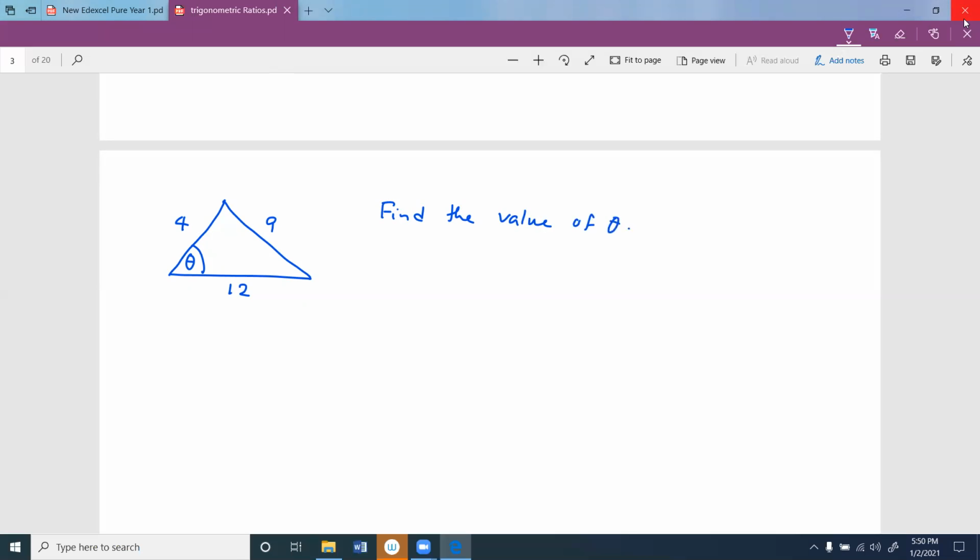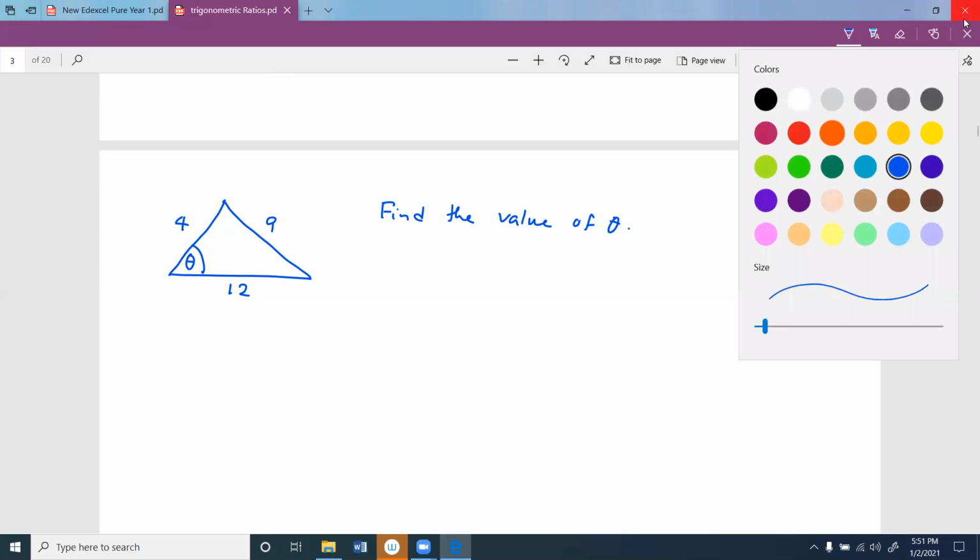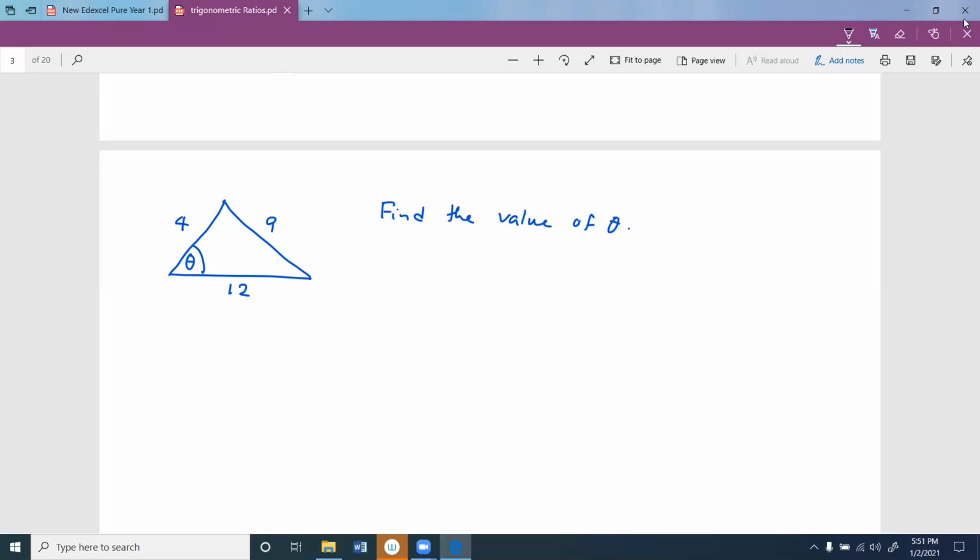Now it's a relationship between three sides and one angle, so simply apply the cosine rule.